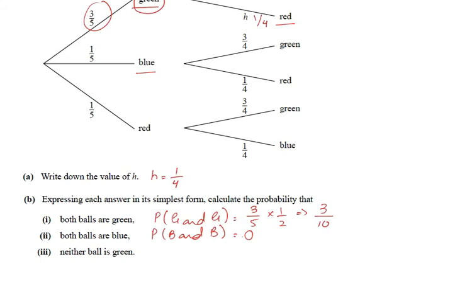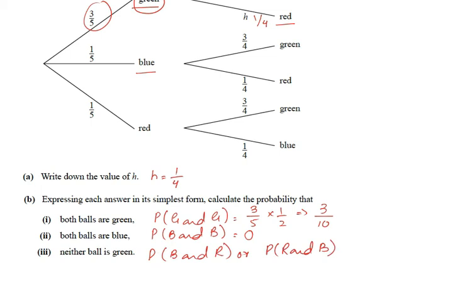Now the last one is neither ball is green. If neither ball is green, it means we have blue and red, or red and blue. We have only 2 conditions because altogether we have 3 colors.